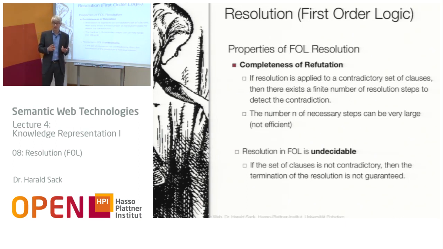But there are other methods. So the method we have seen here works for first-order logic, works for propositional logic. For description logics that we need for knowledge representation, we will apply another method, which is a little bit easier. But I wanted to show you the traditional methods for making automatic entailments and give a proof of this entailment.